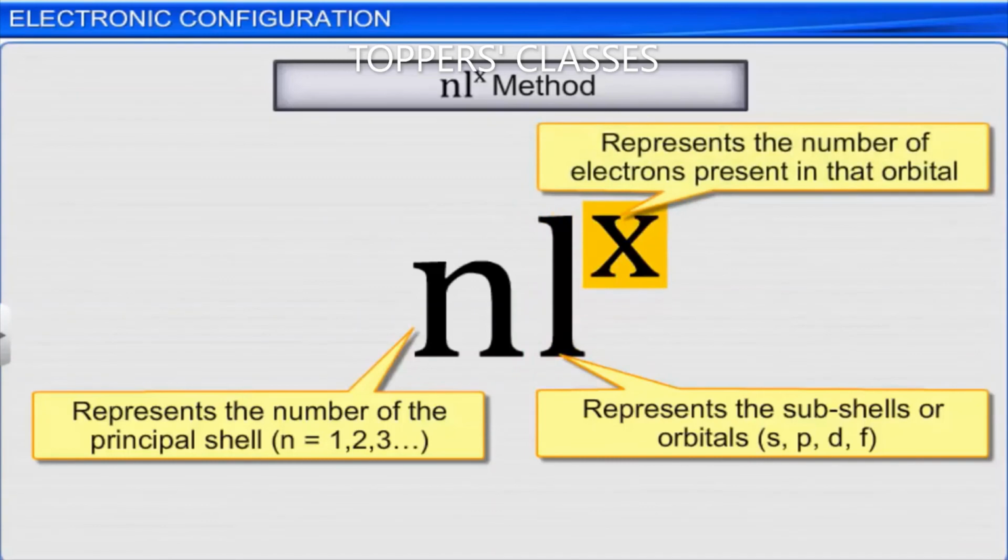For example, 3p² denotes that the p subshell of the third principal orbit contains 2 electrons.